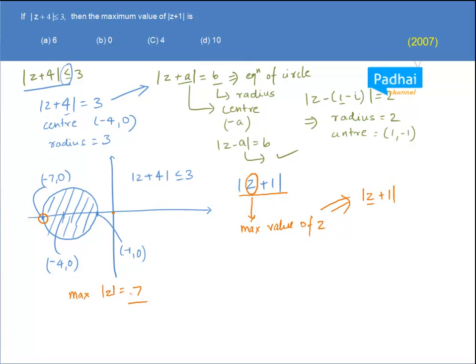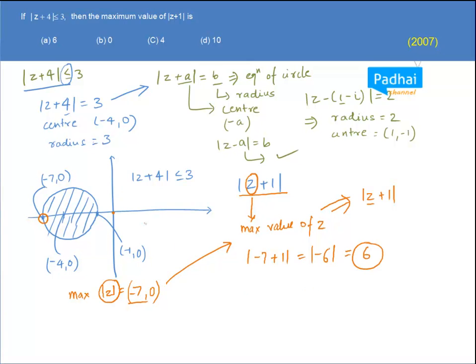Though we never take this as negative, the point will be (-7, 0), and it will be the farthest from the origin. Hence it will give the maximum value of |z + 1| as well. It will be -7 + 1, which is -6, and the modulus is 6.